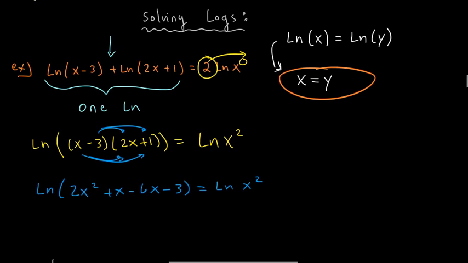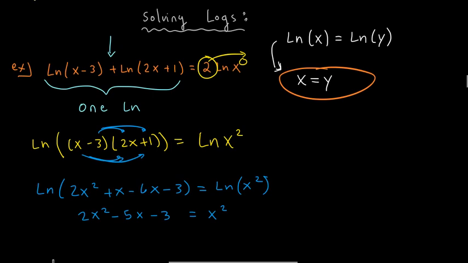So inside here, 2x squared minus 5x minus 3. We digging that? Yep. And so that's really going to equal x squared. So again, this is my whole point. I have the natural log of some stuff equals the natural log of some stuff. I can just say the stuff equals each other. And so from here, you're solving this just like it's a regular equation.